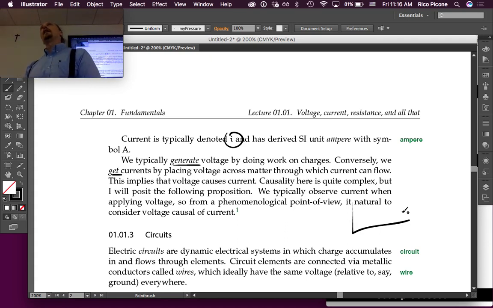There's a whole physics debate about causality in electronics. It's fun. I recommend reading a couple of articles on it.